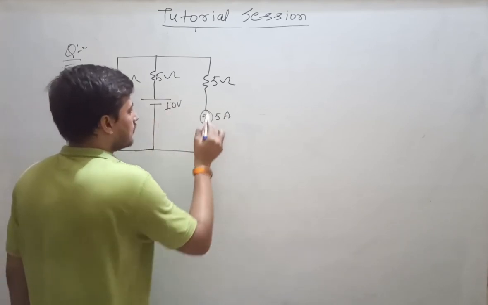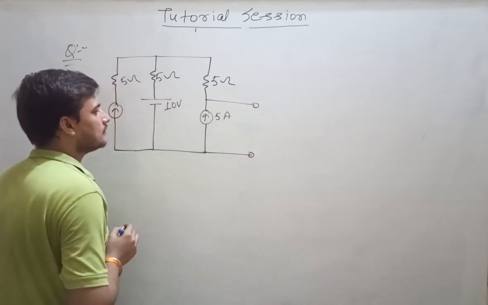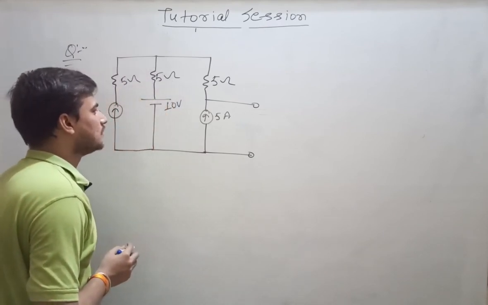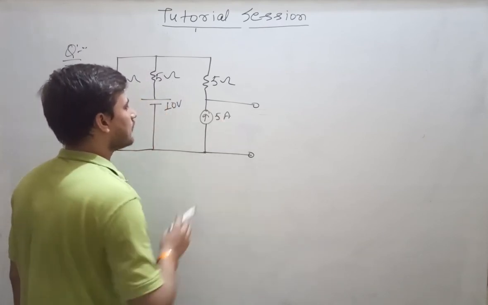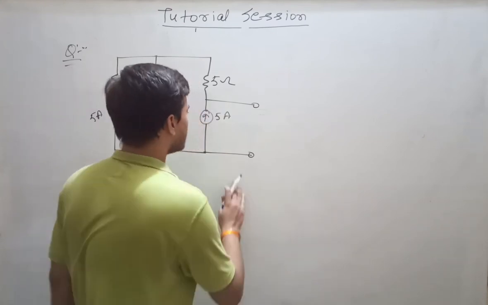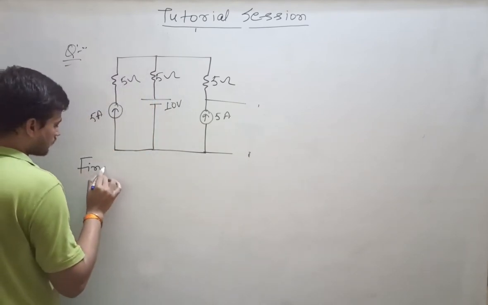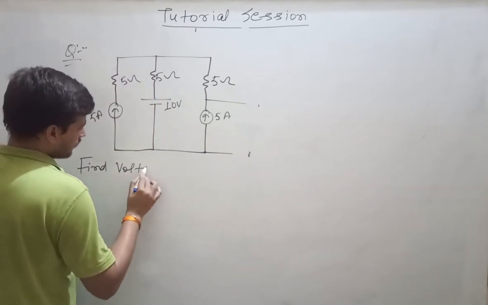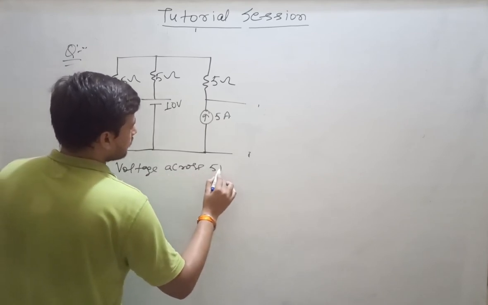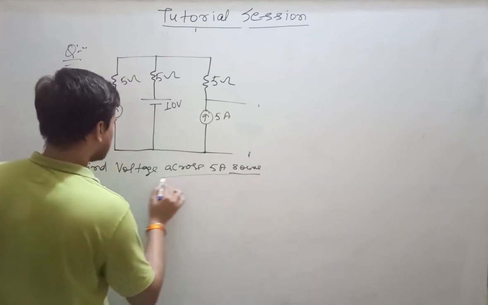Now you have to find this voltage, that means the voltage across this 5 ampere source, by Thevenin's theorem.